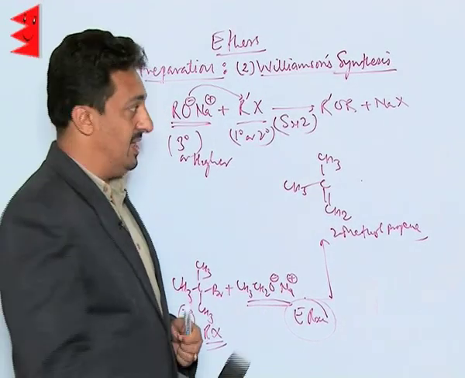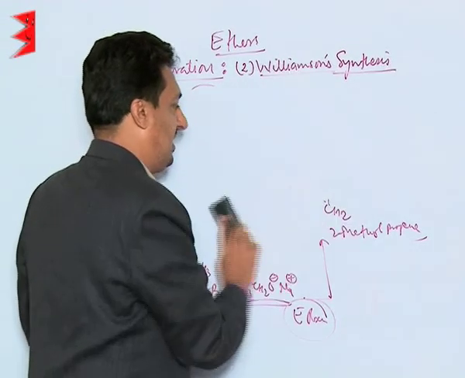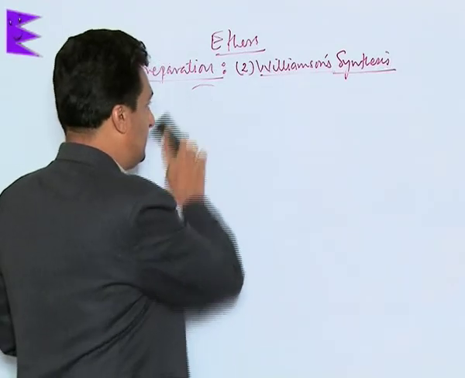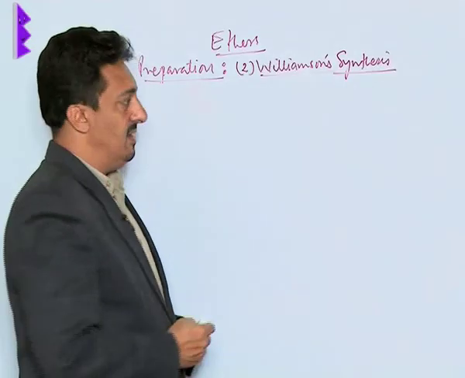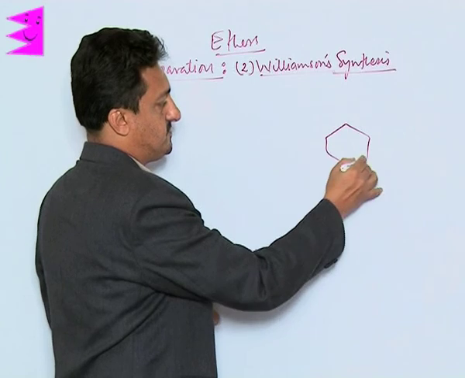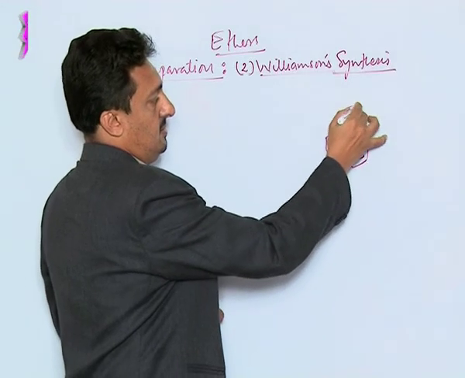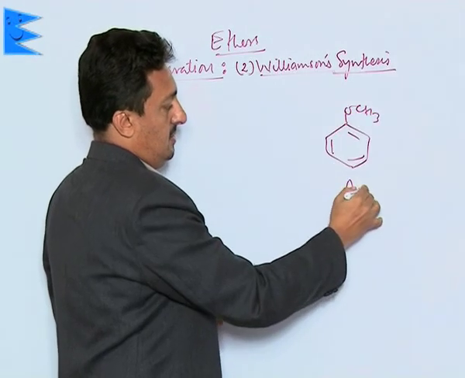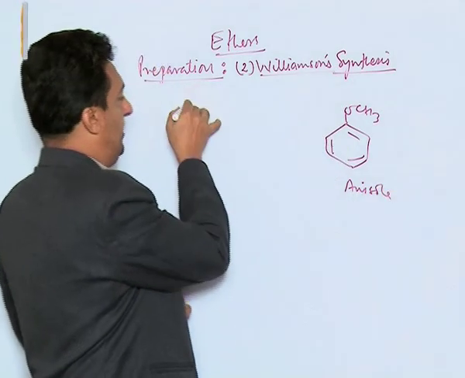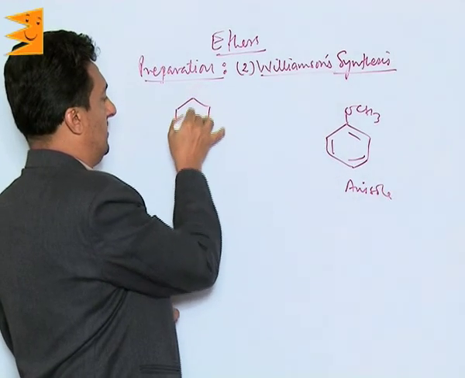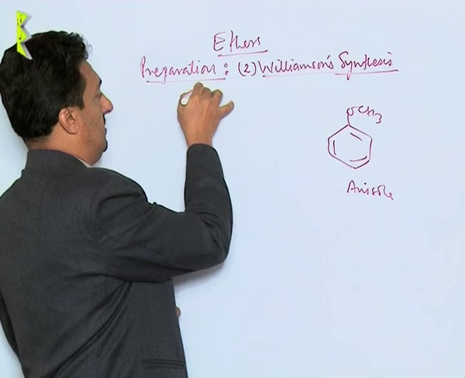I can give you one more example to explain specifically in the case of aromatic ethers. Suppose we want to prepare anisole. Now anisole can be obtained in two ways.